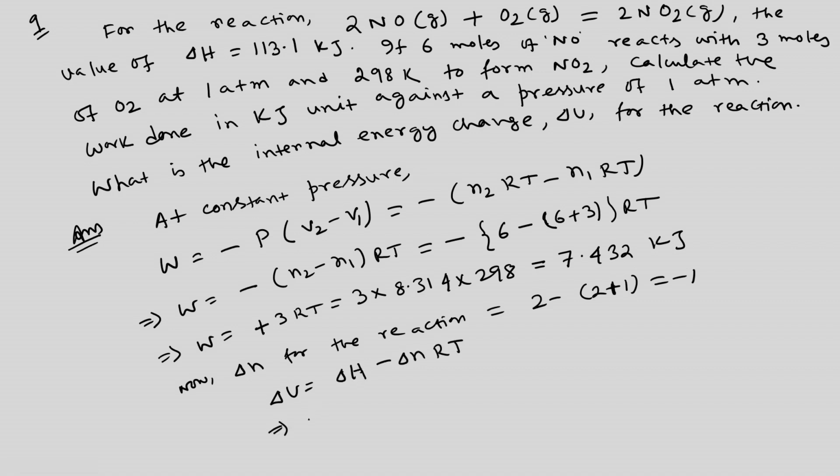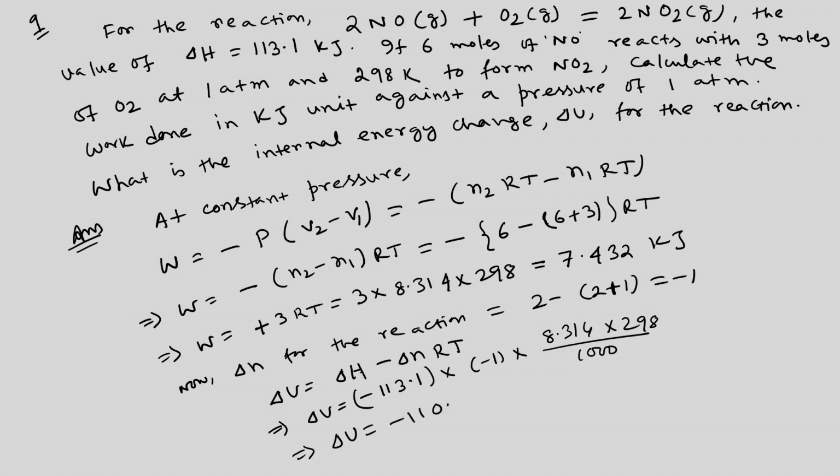So we get delta U is minus 113.1 minus (minus 1) times 8.314 times 298 by 1000. So you get delta U is minus 110.62 kilojoule. Thank you.